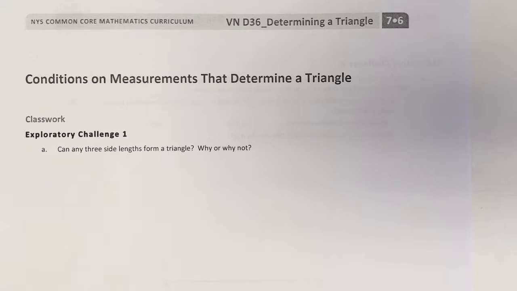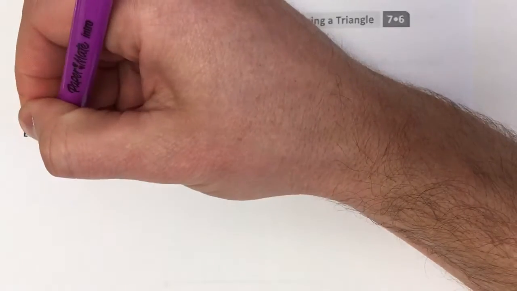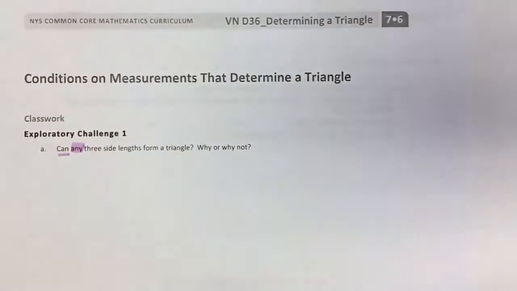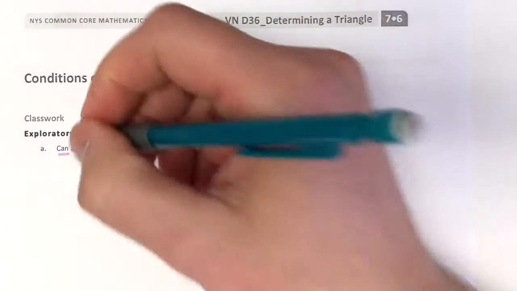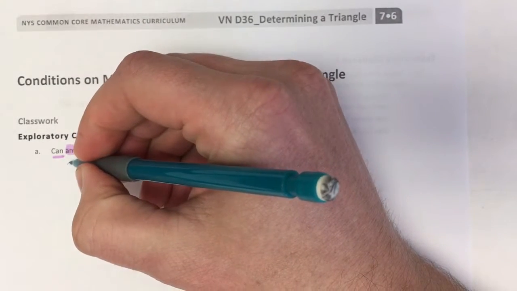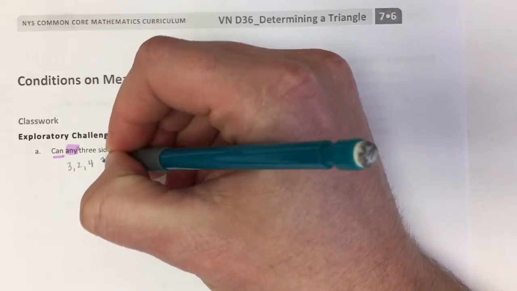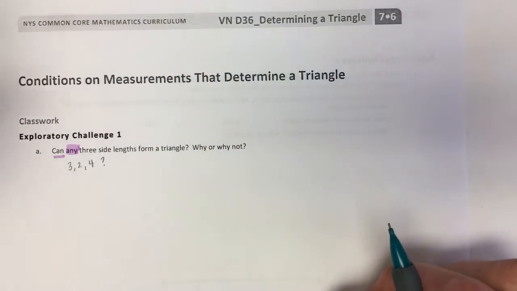So the first challenge says, can any three sides form a triangle? You're really focused on the "can" and especially "any," meaning that I pick any random numbers and will they end up being a triangle. So any three numbers like 3, 2, and 4, will that be a triangle?